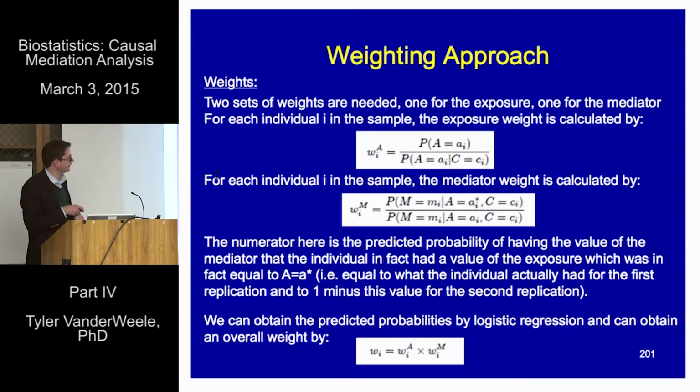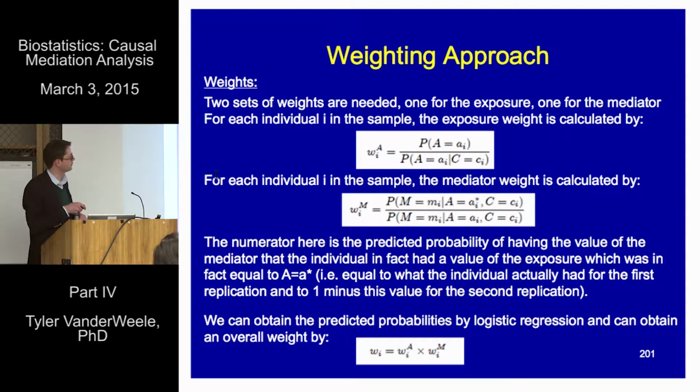Our weight for the mediator, we do something similar. We get the probability of the individual having the mediator value they actually had, conditional on their actual exposure and their actual covariates. That's our probability for the denominator.